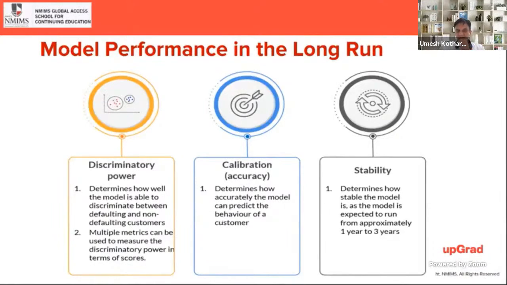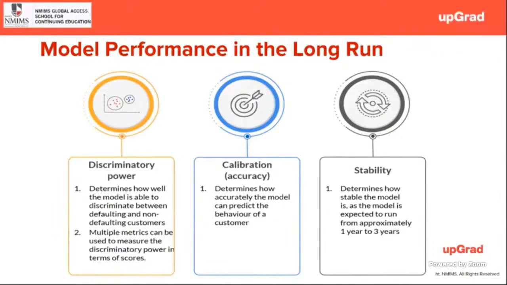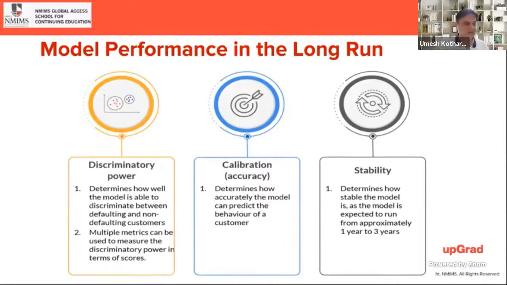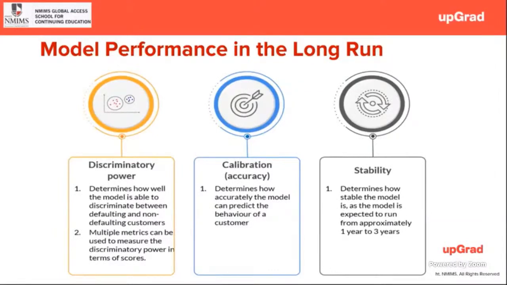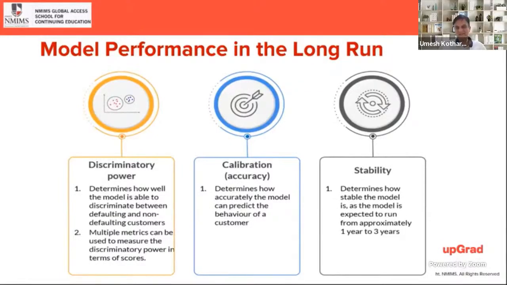To prevent risk and fraud. To minimize or mitigate risks and prevent frauds. That is why we need to know this information. And if the model is able to provide this information between defaulters and non-defaulters, then yes, the model has the discriminatory power to do so in a smooth, seamless manner.